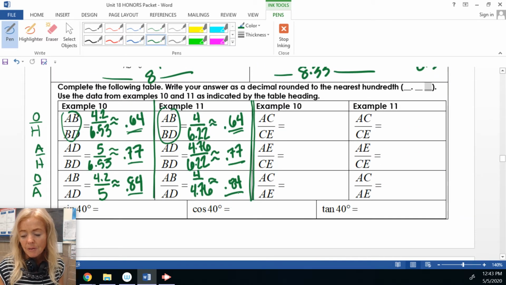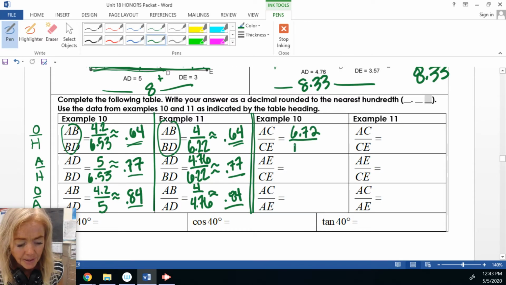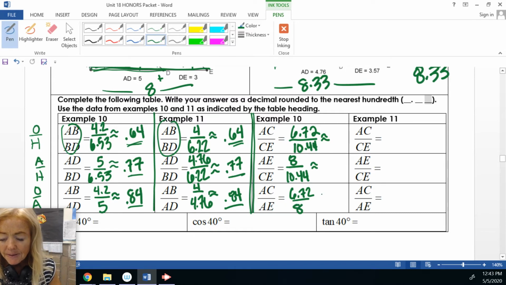Now let's go ahead and do the same measurements for the larger one. So AC is 6.72, CE is 10.44, AE is 8, CE is 10.44, and again, I'm just looking over to the side because that's where my triangles are, and I don't want to move the toggle back up and down. And then AC is 6.72, and AE is 8.